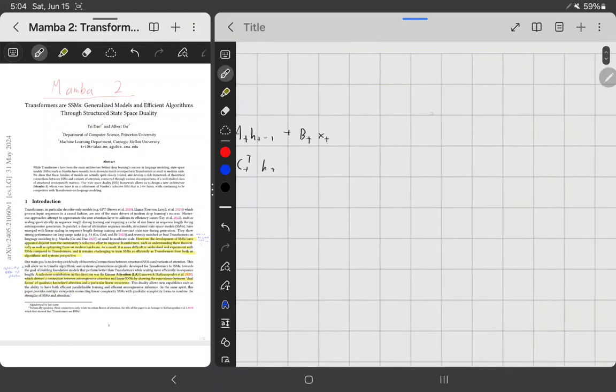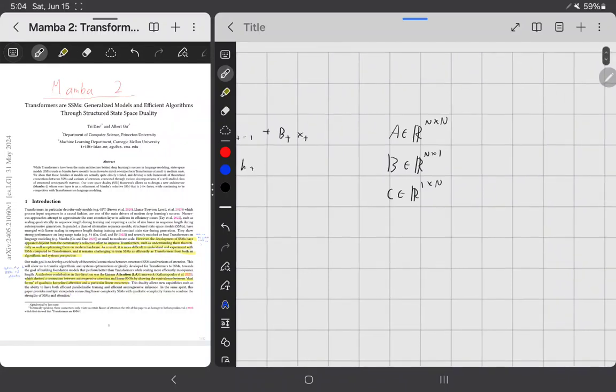Just real quick, what are the dimensions? A is going to be an n by n matrix, where n is some dimensionality. I may write it as d, I may write it as n, or I may write it as p, depending on the case, but all three of those are dimensions. B is going to be n by 1, and C is going to be 1 by n.